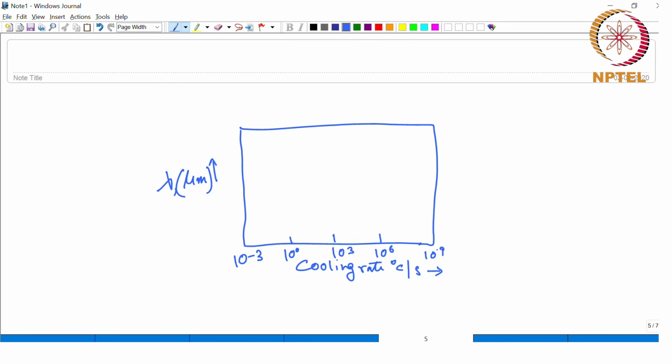So, as you decrease the cooling rate, this is going to decrease the dendrite arm spacing.